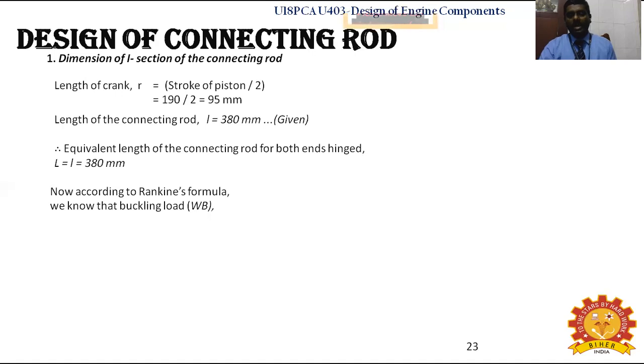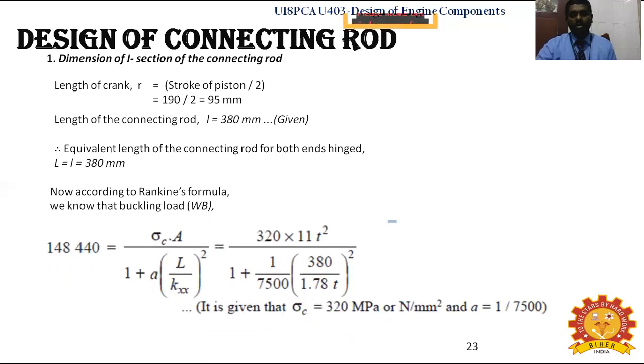Now you are going to apply the Rankine formula for the buckling load. For the buckling load, you make the equation. The buckling load we have already calculated as 148440, and that will be equated to the Rankine formula. In the Rankine formula, what we have to assign for a is given in the data in the question paper itself, as 1 by 7500. That's what we substitute here.